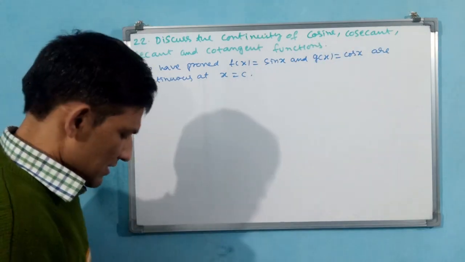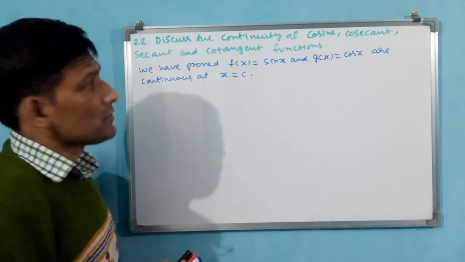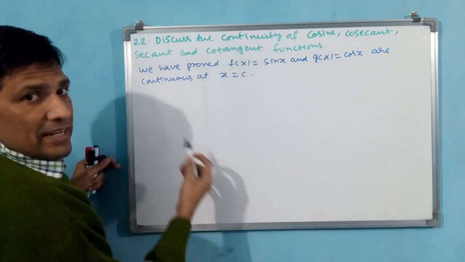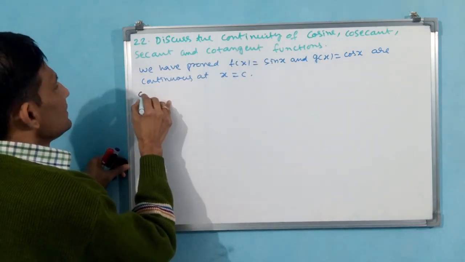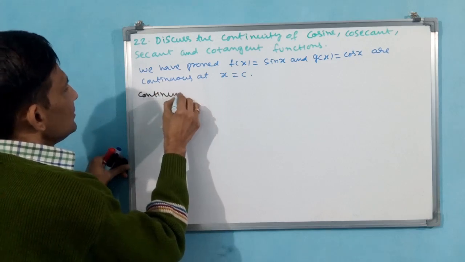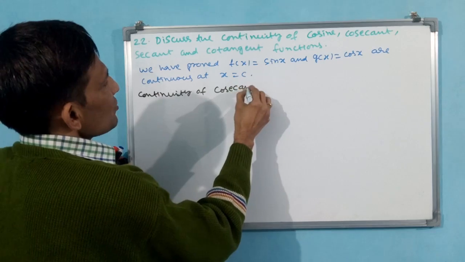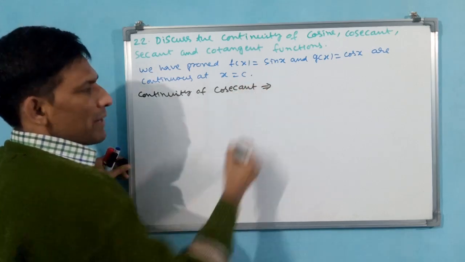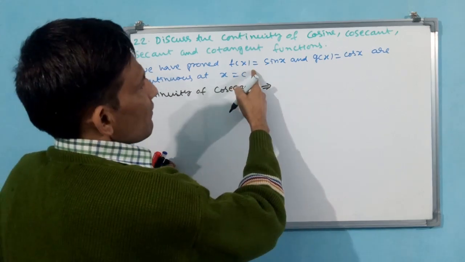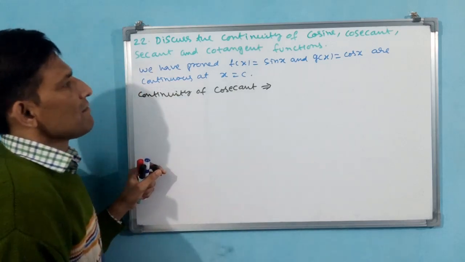Cosecant I am going, you see. Continuity of cosecant x. See, discuss the continuity is being written. Continuity of cosecant implies, okay, f of x, g of x is there.